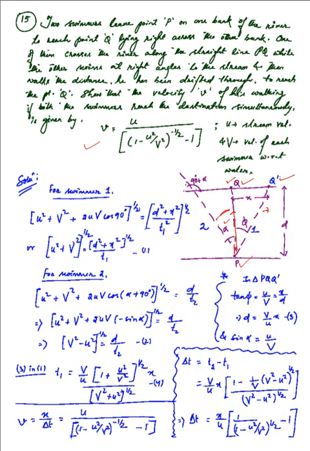Well, to calculate those velocities, we can take the width of the river to be d, and supposedly swimmer 1 was drifted through a distance x that I have shown in the figure over there.